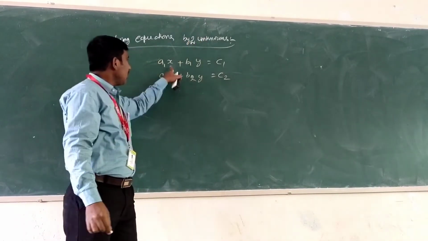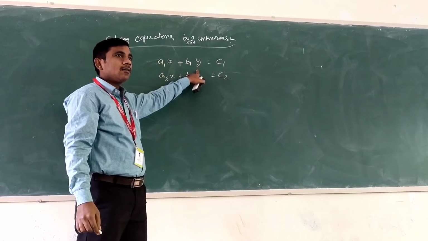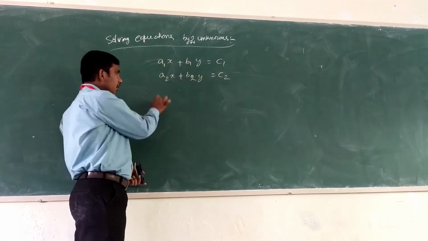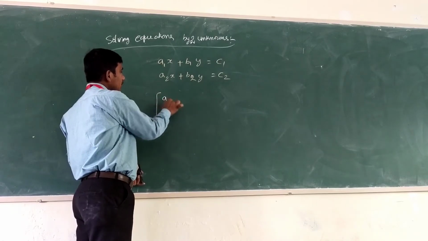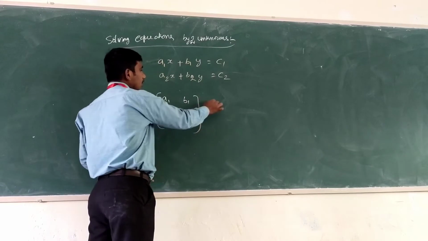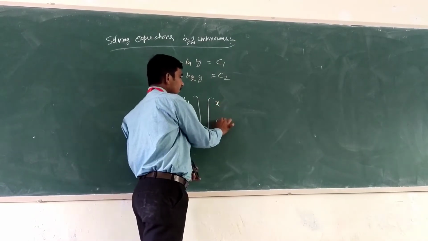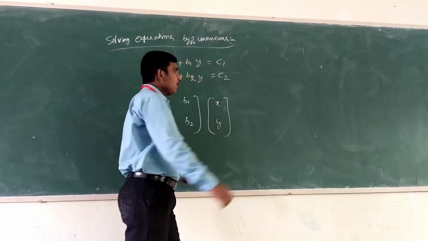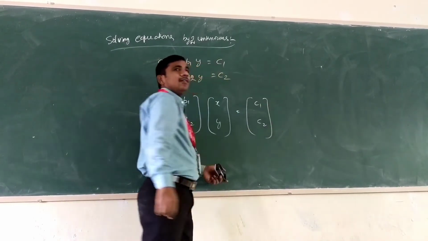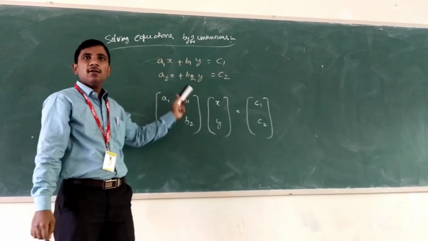Suppose x and y are the two unknowns, then how to solve? We can convert this equation into matrix form: A1, A2, B1, B2 multiplied by x and y equal to the constants C1, C2. This is the matrix form conversion.